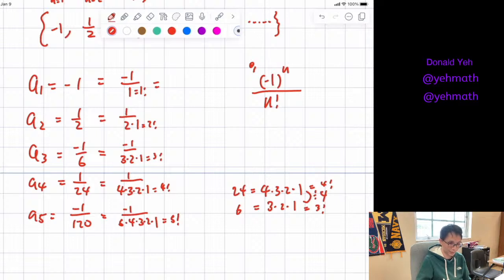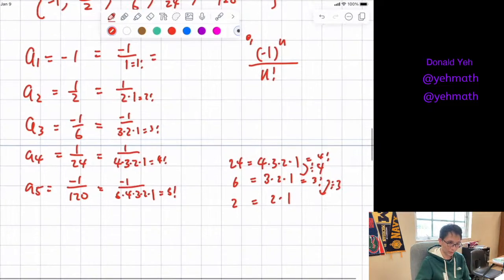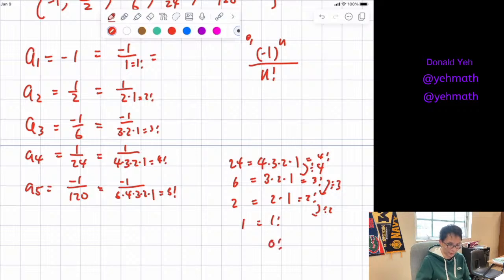What's the next number? 2, so it'll be 2 times 1. I divided by 3. That's 2 factorial. Next, I'm going to divide by 2, so that's 1 factorial, which is 1. And for 0 factorial, you divide by 1, so therefore it's still 1. So 0 factorial is 1, and 1 factorial is 1.